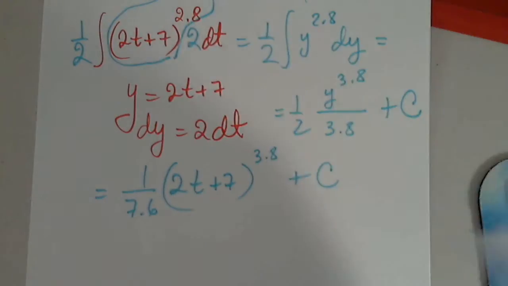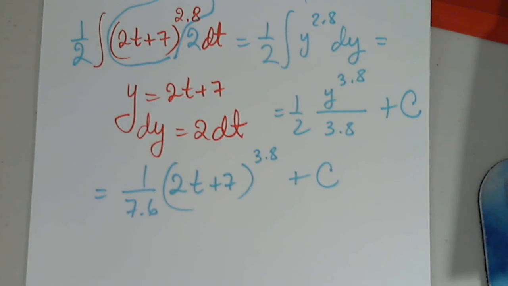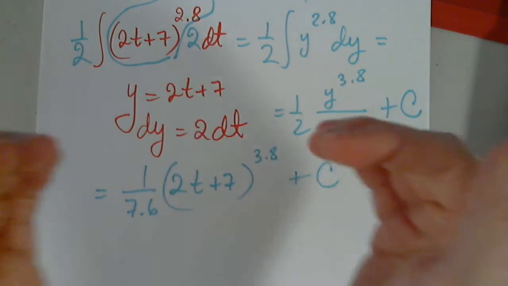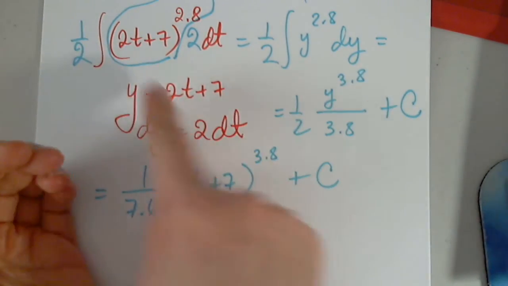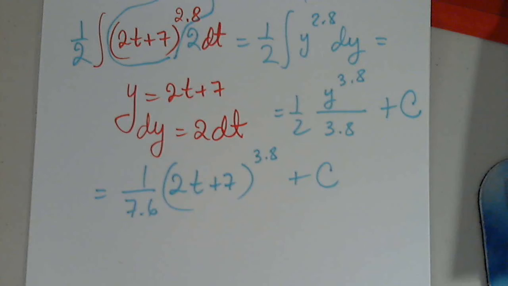Which we cannot do with this. I can only hope for the definite integral. But for the indefinite integral, just differentiate this. It's guaranteed to get 2t plus 7 to 2.8 and nothing else, the original function.